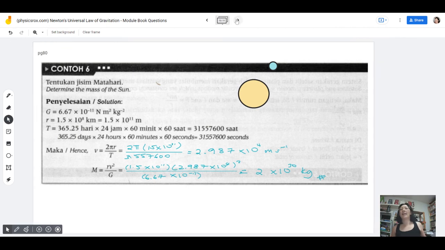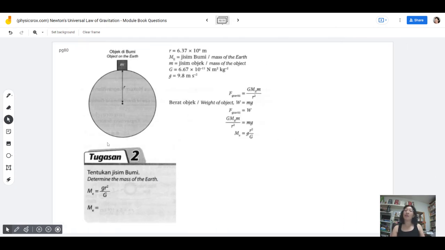Okay. And we now come to the final question, which I would like to cover in this video. For this particular question in this book, for Tugasan 2, they want you to determine the mass of the Earth. And basically, they're showing you how to calculate the mass of the Earth.